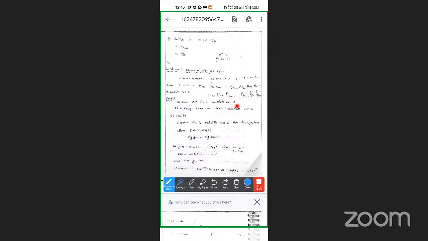Eisenstein criterion: let f(x) = a0 + a1 x + ... + an xⁿ belong to Z[x] with n ≥ 1.